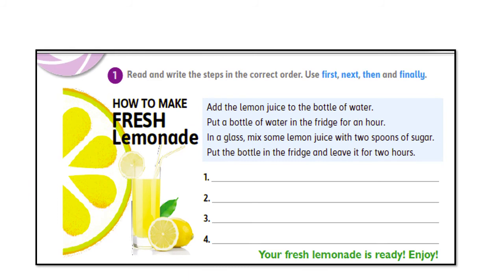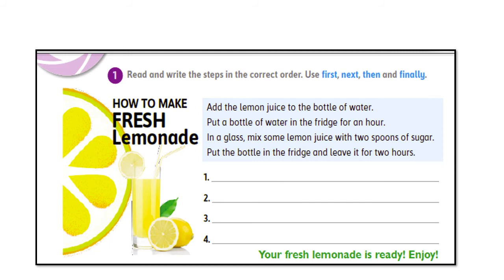Let's go to our workbook, page 51, activity 1. Read and write the steps in the correct order. Use first, next, then, and finally. How to make fresh lemonade.